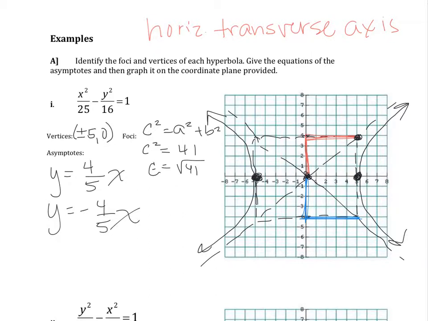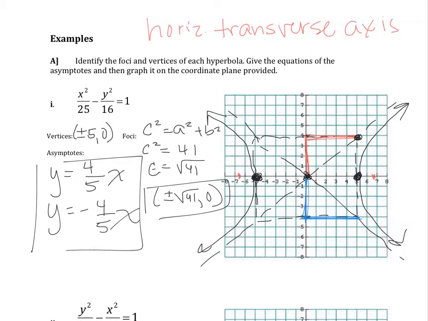The square root of 41 is between 6 and 7, so it's like one focus there, one focus there. So our foci are plus or minus square root of 41, comma 0. We can't simplify that at all. So we have foci, we have asymptotes, we have vertices. This is an example of a horizontal transverse axis.